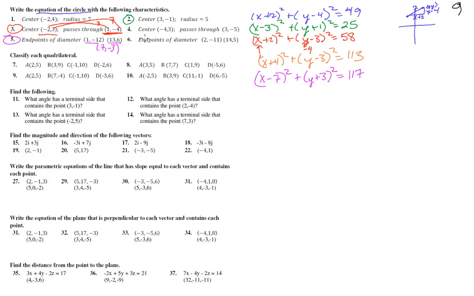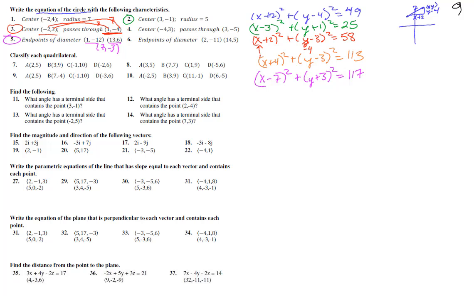Okay, good. What if we stuck in the other one? 13 minus 7 is 6 squared, and 6 plus 3 is 9 squared. And so you'll notice 81 and 36 again. Yes, both of these points have to work. If those are the endpoints of the diameter, they better both fit in this equation.